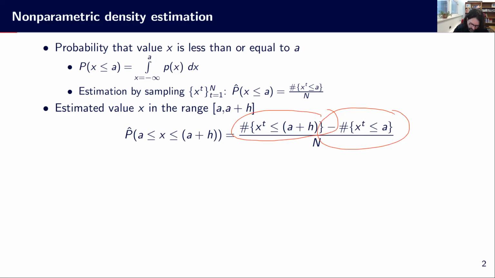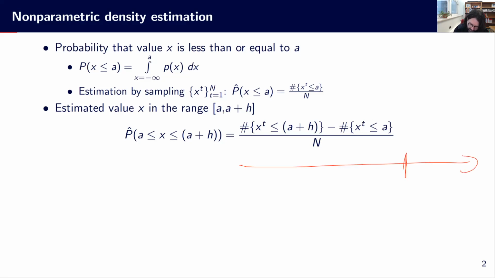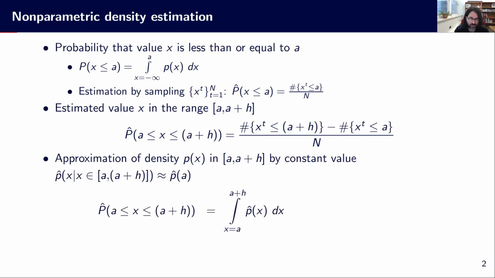Said otherwise, we have a domain here, and we are looking at a plus h. We are counting how many samples we have there, and then we have a, and we count the number of samples there. Making this one minus this one gives us the number of samples we will get in the interval. This is a way to estimate the probability of getting a sample in that range, given the sample set that we have at hand.